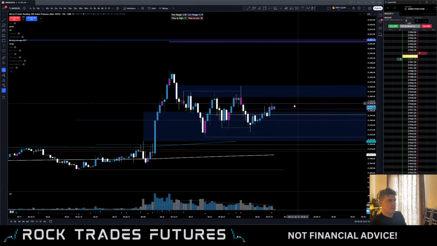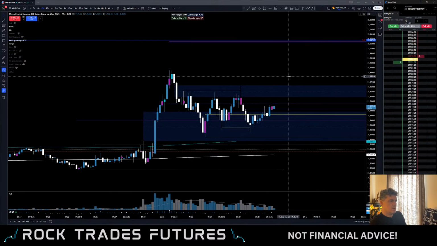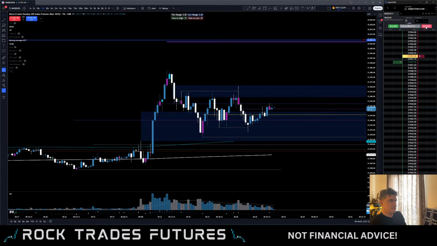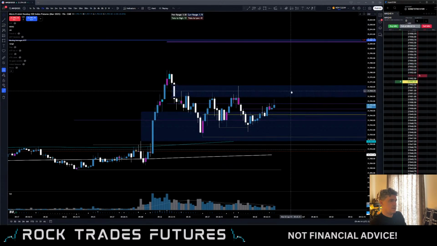That is a clean reversal here. Very, very tight risk. Too tight. This tight, the probabilities greatly reduce. All right, we're pushing back out at initial imbalance.